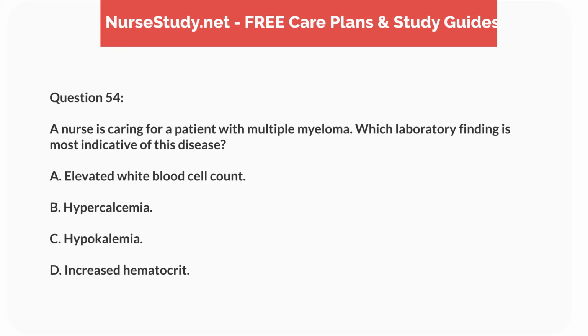Question 54. A nurse is caring for a patient with multiple myeloma. Which laboratory finding is most indicative of this disease? A. Elevated white blood cell count. B. Hypercalcemia. C. Hypokalemia. D. Increased hematocrit.